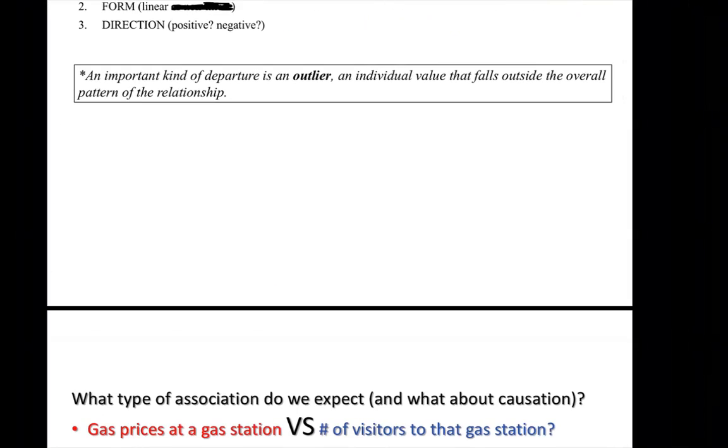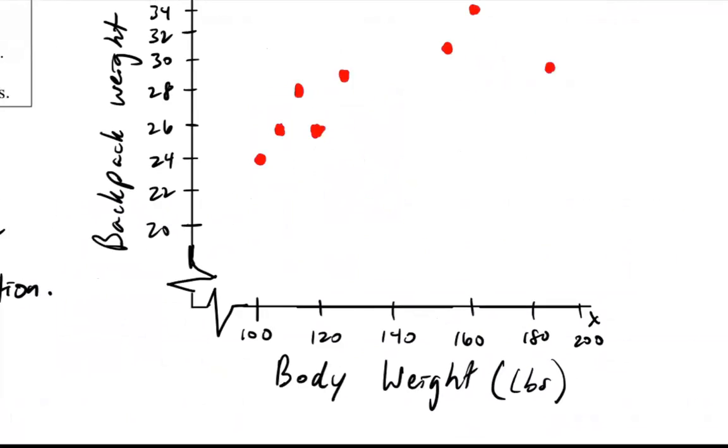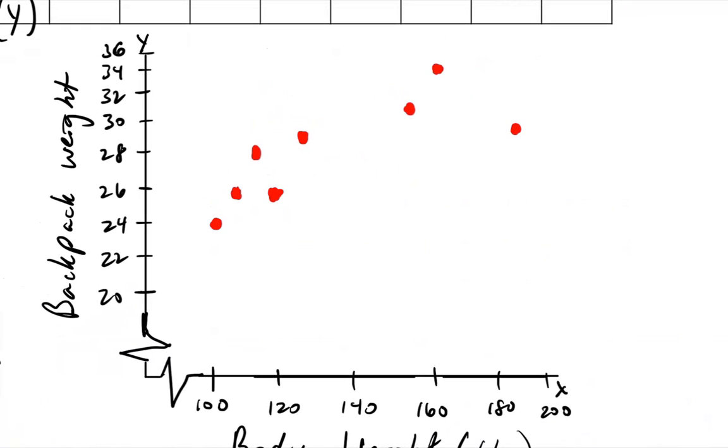So an important kind of departure is an outlier. So we've talked about outliers before. An individual value that falls outside the overall pattern of the relationship. So let's go look at ours here. Would there be any dots that you would consider an outlier? Dots that don't fall within the overall pattern? I wouldn't say there's one. An example of one would be maybe one down here.